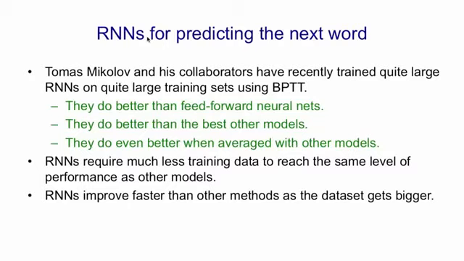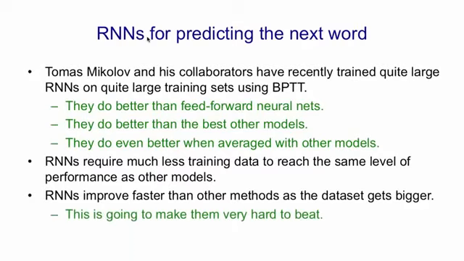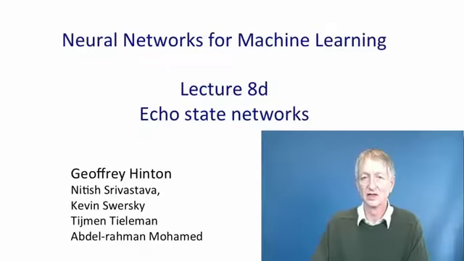With RNNs, they can make much better use of the data. This means it's going to be very hard to beat them as datasets get bigger. I think it may be the same story as for object recognition with large deep neural nets, that once the neural nets get ahead, they can make better use of faster computers and bigger datasets, and so it's going to be very hard for other methods to catch up.